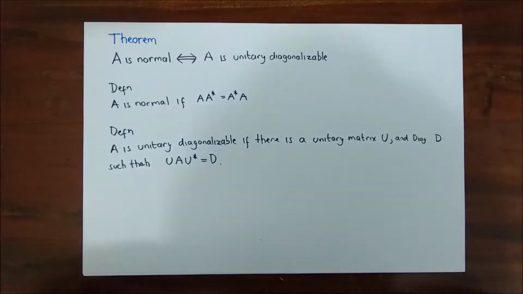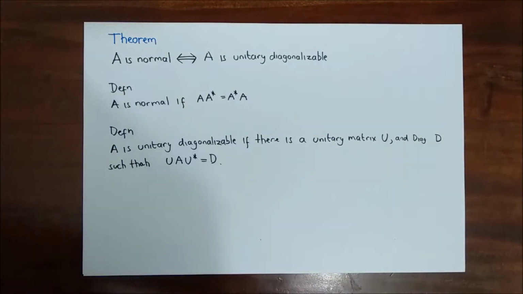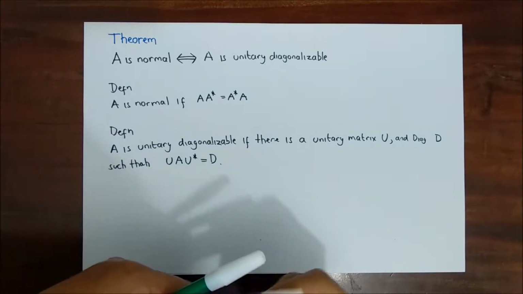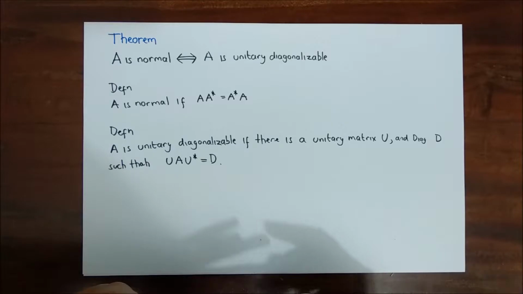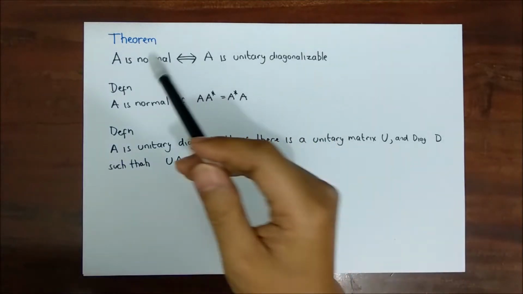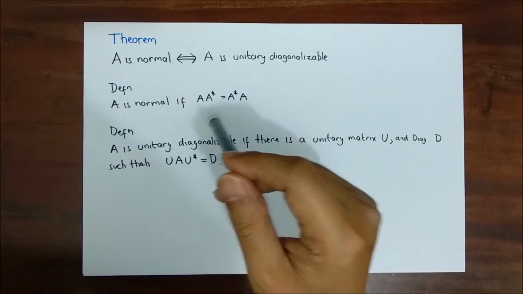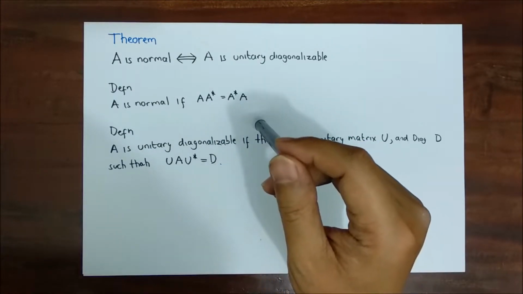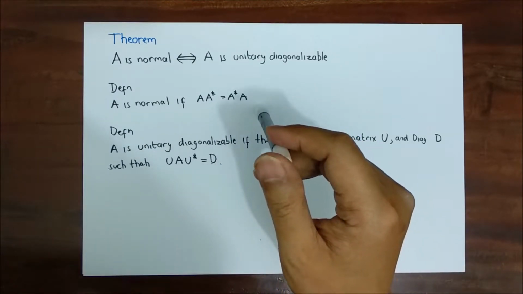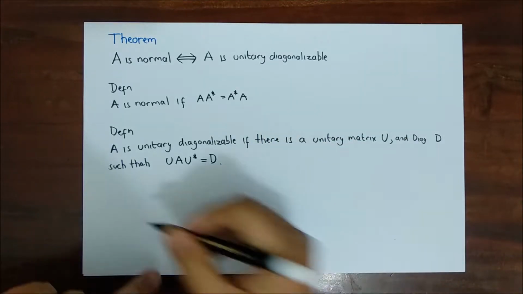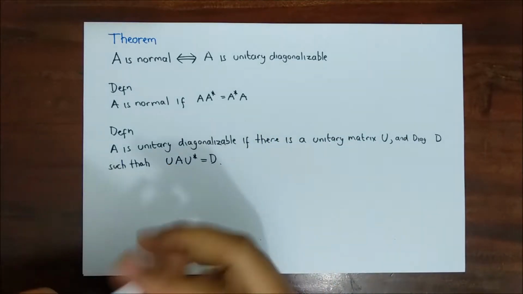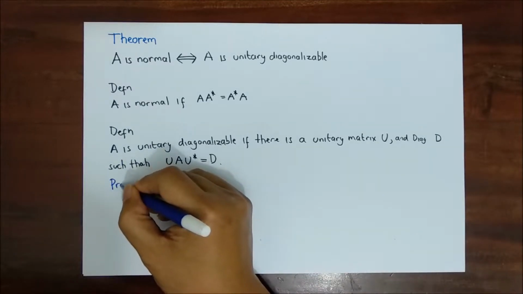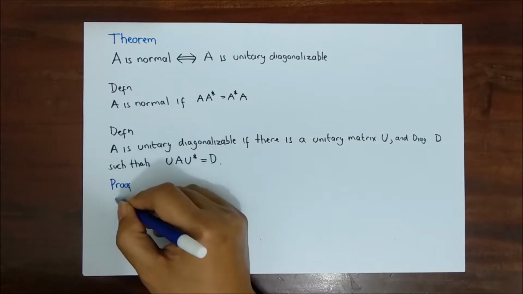So let's find out in which direction it is easier to prove. To prove that something is normal is quite easy. We need to check whether this equation holds true. So we're going to do that direction first, from right to left.